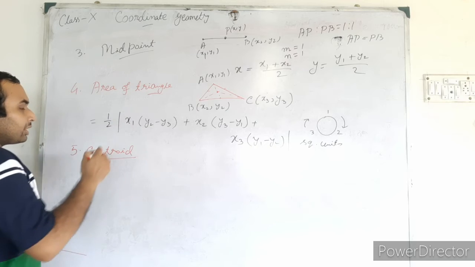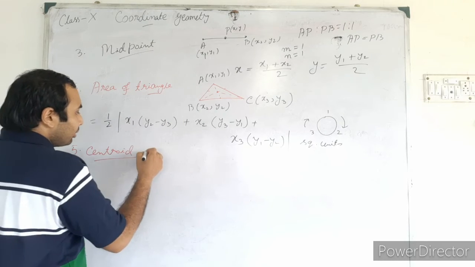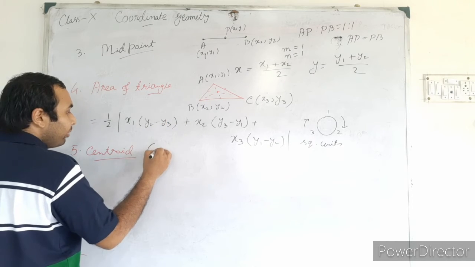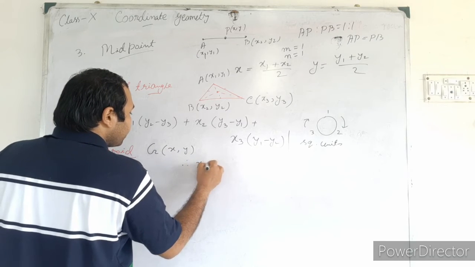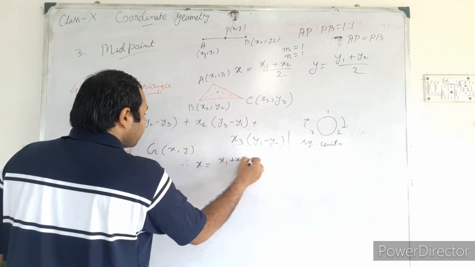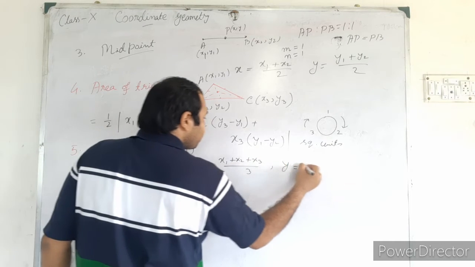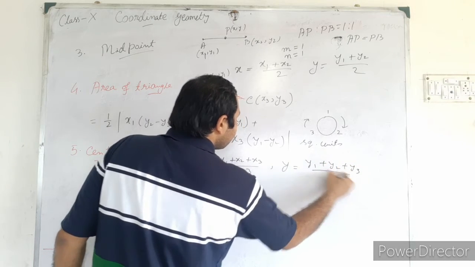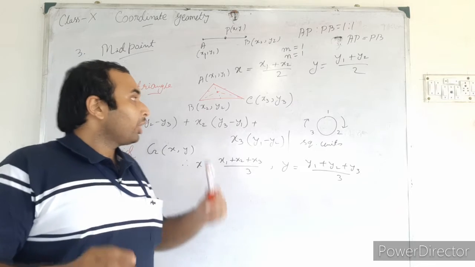So it is very much easy. The centroid is named by G, so G(x, y) is the centroid. Then x equals x1 plus x2 plus x3 by 3, and y equals y1 plus y2 plus y3 by 3. This is the coordinate point of the centroid.